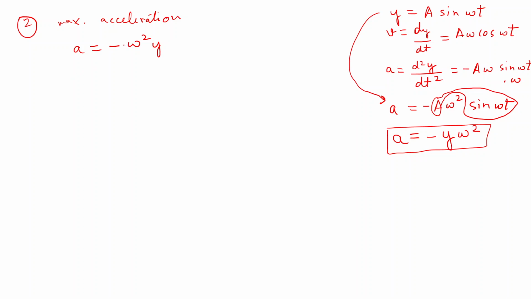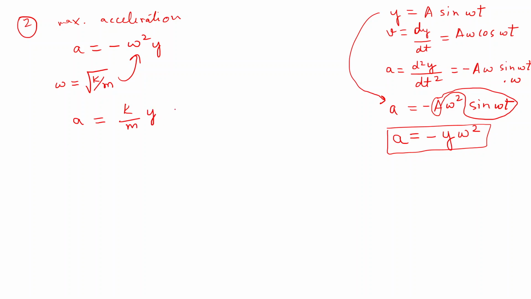We can ignore the negative sign here because it doesn't change the magnitude, it only denotes the direction of acceleration, which is opposite to the direction of displacement. Since omega is the square root of k by m, when we substitute this value here and ignore the negative sign, we get a equals k by m times the displacement y.